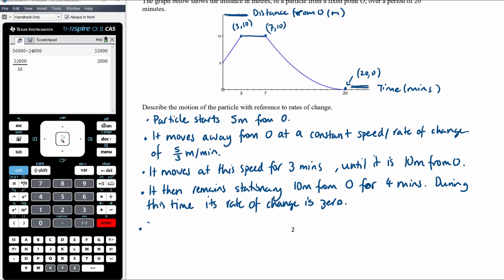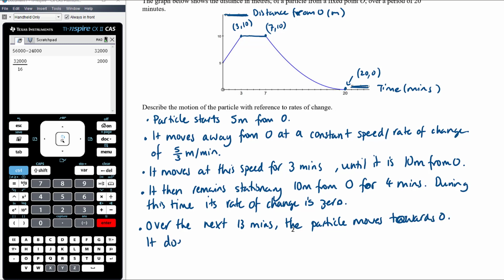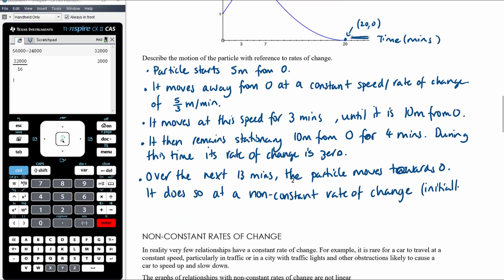Over the next 13 minutes, the particle moves towards O. It does so at a non-constant rate of change, initially faster, so steeper gradient, and then slowing down.